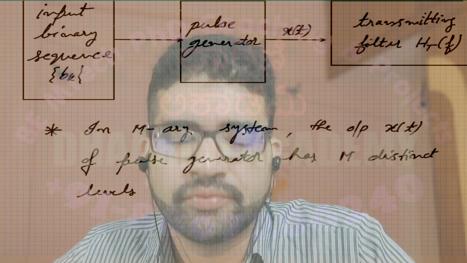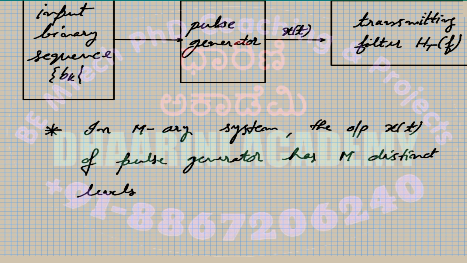You can use m different symbols to be transmitted, with m different levels at the output, or the encoding. So when you code it, the pulse generator will generate m different levels. Each amplitude level at the pulse generator output corresponds to a distinct symbol to be transmitted.